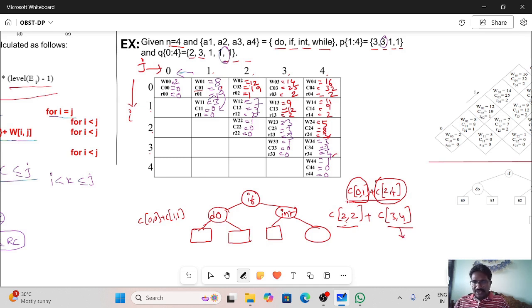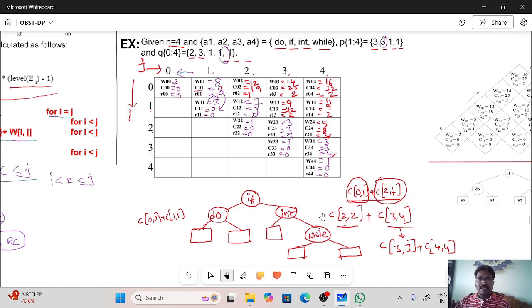This equation gives us the cost of 3, 3, 4 minus 1 is 3, plus cost of kj, k is 4, j is 4. So that means the unsuccessful left C of 3, 3 and the unsuccessful right C of 4, 4, and this is our 4, nothing but the while.